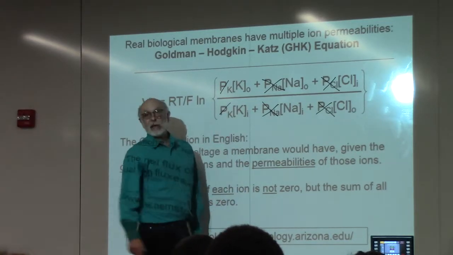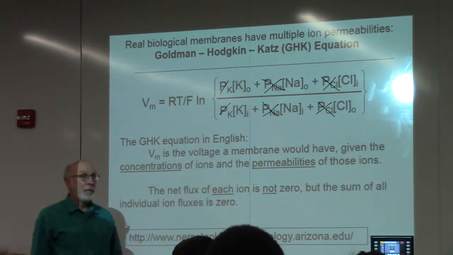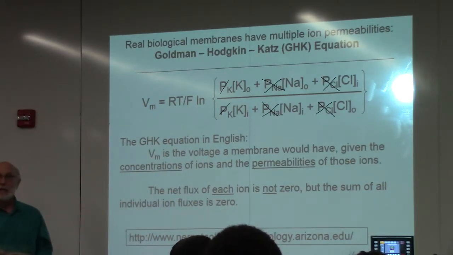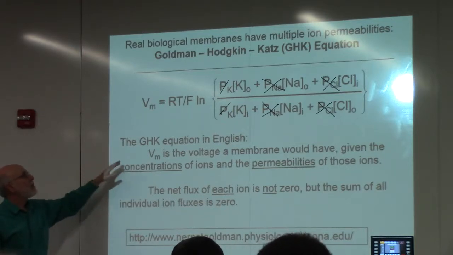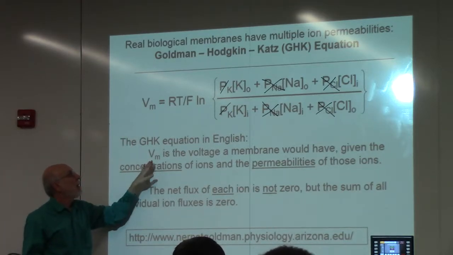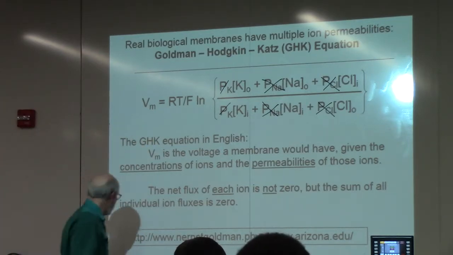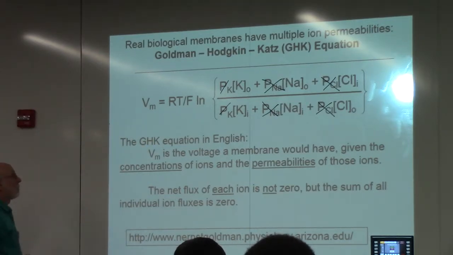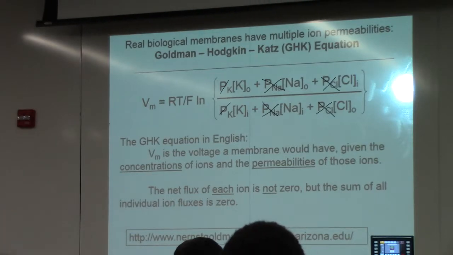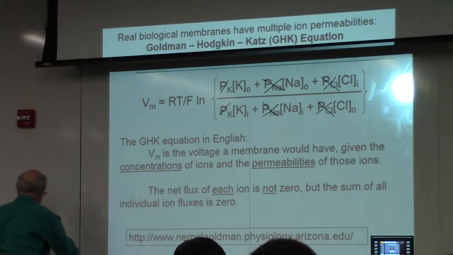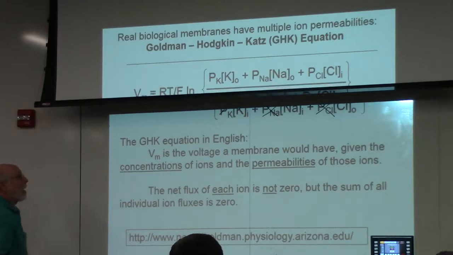And if you solve this, that's the equilibrium potential for potassium. So this equation reduces to the Nernst equations for each ion under the appropriate conditions. So this equation, this voltage, is the voltage the membrane would have given those concentrations and those permeabilities.